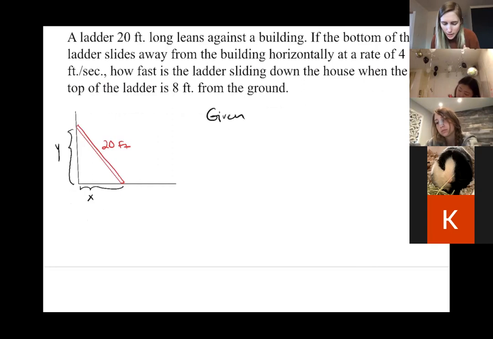So we are given that the ladder is sliding away from the building at a rate of 4 feet per second. So that's how X is changing. As time is passing, since the ladder is sliding away from the building, is X getting larger or smaller?